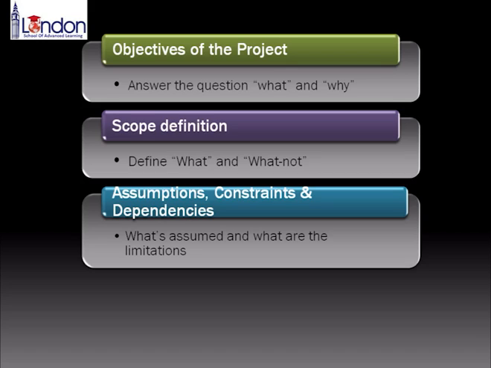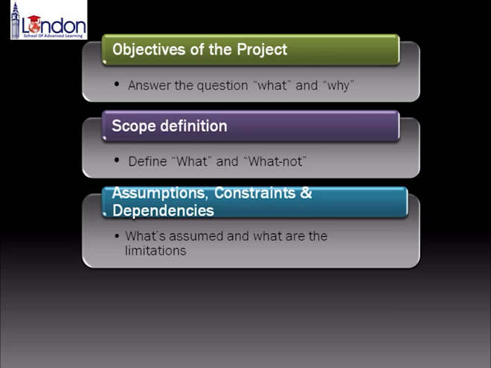In other words, in most projects there are a couple of details that will be assumed to be correct, and there are also limitations or constraints and dependencies. I will discuss each one of these in detail in the next section, but this is an important section that should also be outlined in a business requirement document, most preferably in the introductory section.